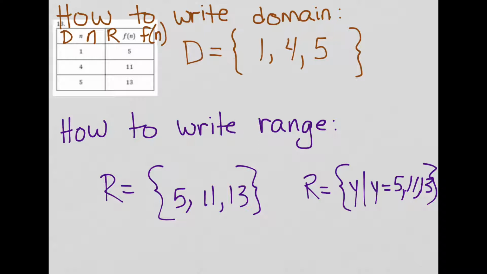I'm not making you do this whole y such that y equals. After teaching this for so many years, I just have simplified this enough that, hey, if you can figure out that the domain is the input and the range is the output, and you can get it in the curly braces, that's good enough for me for now.